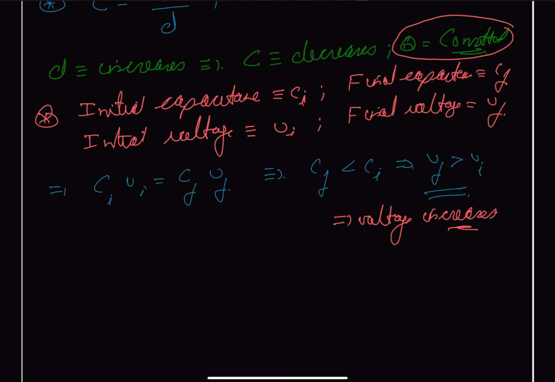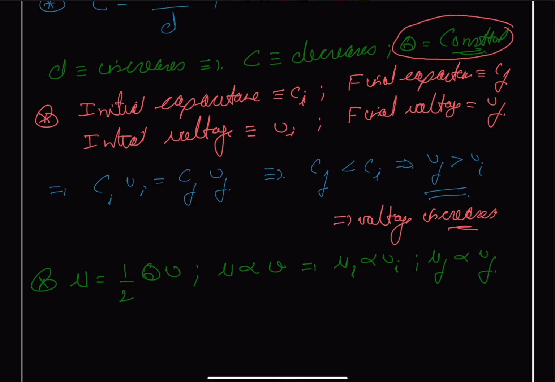And next is our energy, potential energy, that is our energy stored, U, is equal to half Q multiplied by V. So from here Q is a constant, so we can say our U is directly proportional to V. So U initial is directly proportional to V initial, and U final is directly proportional to V final.